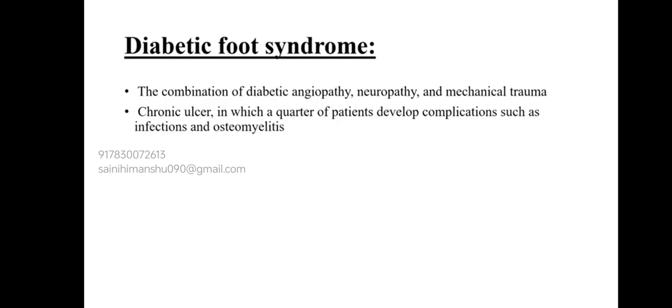Diabetic foot syndrome. It's a combination of diabetic angiopathy, neuropathy, and mechanical or some external trauma, which usually occurs due to a chronic ulcer or healed ulcer, in which a quarter of the patients develop complications such as infections and osteomyelitis if it goes into the deeper tissues.